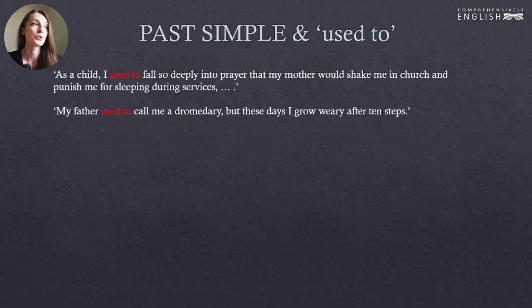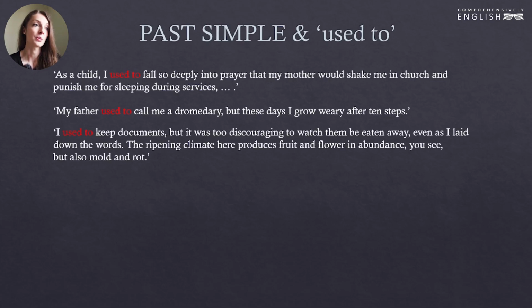My father used to call me a dromedary, but these days I grew weary after 10 steps. I used to keep documents, but it was too discouraging to watch them be eaten away, even as I laid down the words. The ripening climate here produces fruit and flower in abundance, you see, but also mold and rot. These sentences were taken from The Signature of All Things by Elizabeth Gilbert.